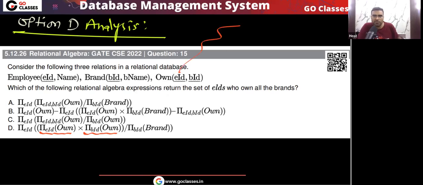Means this EID we find separately, this BID we find separately, then we do their cross product. Then we are dividing by all the brands. So will it give me the correct output? What do you think? No, option D will not give you the correct output.